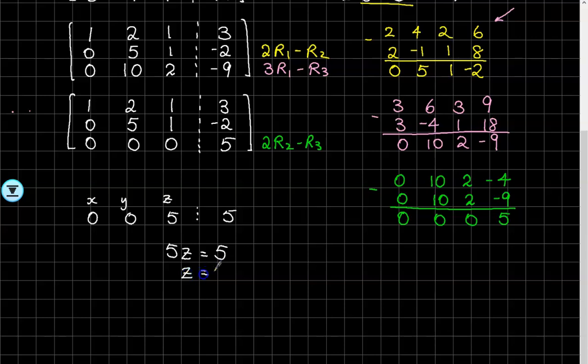Therefore, z is 1. You would then put it back up to this one here, and you would go 5y plus 1z, but z is 1, so 1 times 1 is 1 equals minus 2, get rid of the plus 1, take 1, so on, get y. Once you've got y and now you've got z, you can pop it back in here, correct?